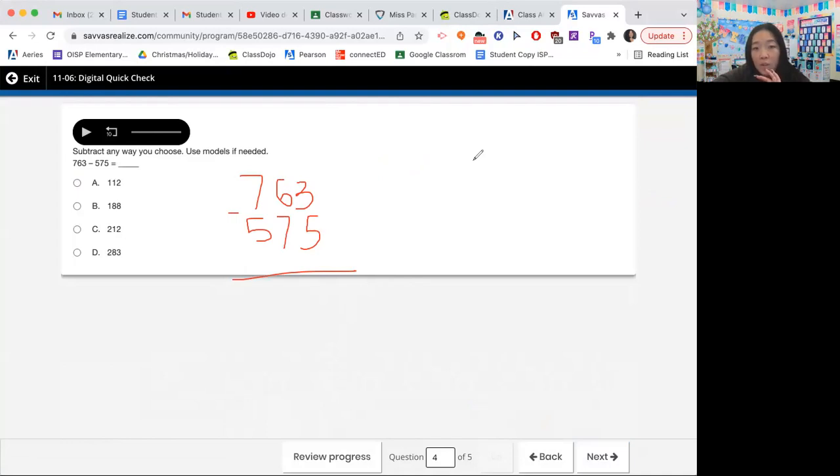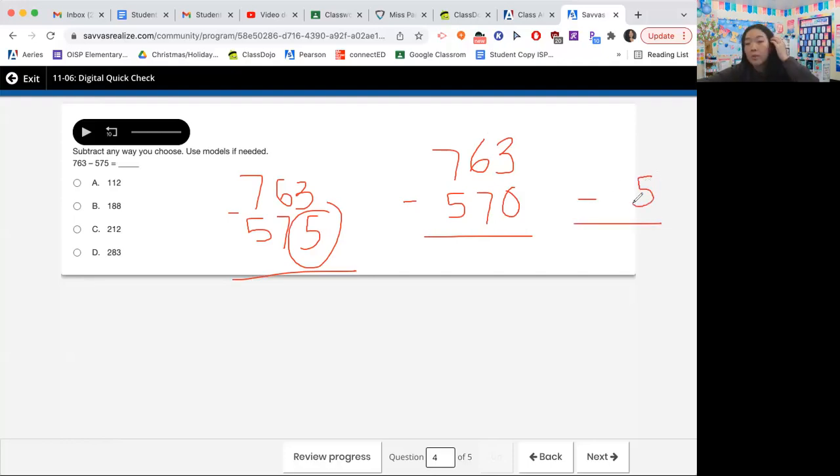Instead of doing 575, let's actually do 763 minus 570. So that means that we still need to take away 5 later. So we need to end up subtracting 5. So don't forget, okay? Write it down if you need to.